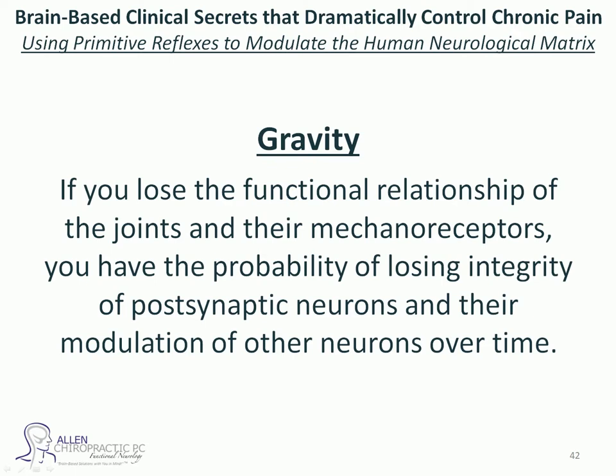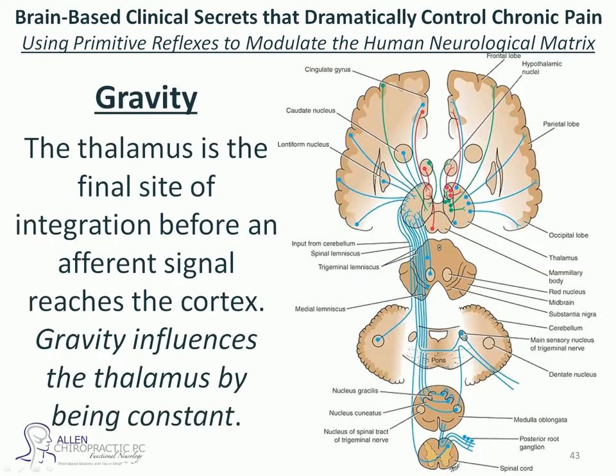That is to say that for the spinal column, for example, the paraspinal muscles that move vertebrae, if those muscles go into spasm and you have a breakdown or a deafferentation of paraspinal input, then that's going to cause a breakdown in the postsynaptic tissues and a decreased modulation of that postsynaptic tissue over time.